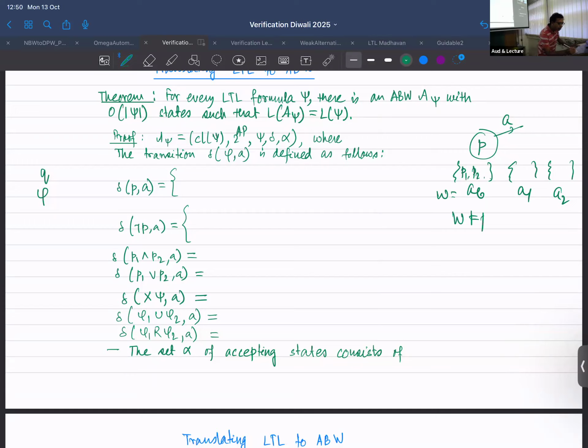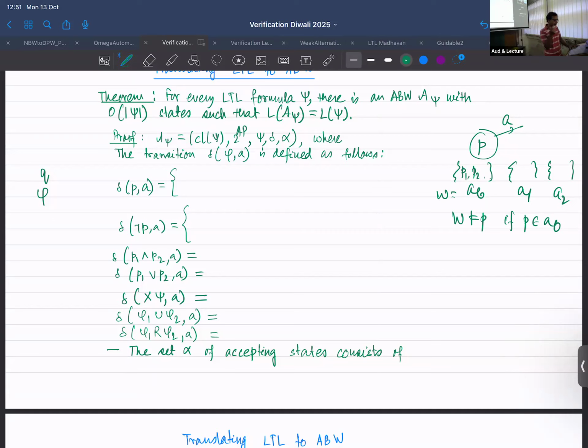W satisfies P when P is in A0, by the semantics we saw, right? If P belongs to A0, then delta of P, A equals what should we say?